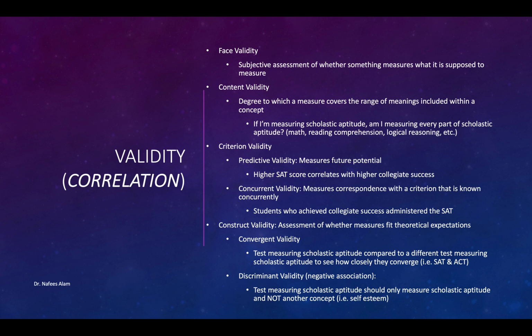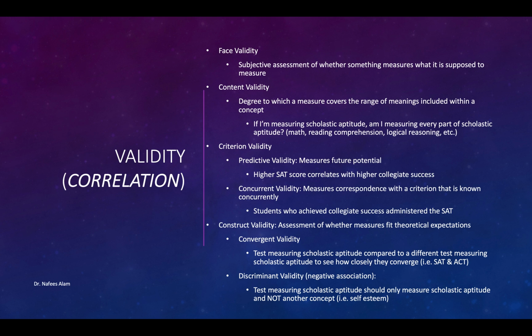Next, under the construct validity umbrella is discriminant validity, and this has to do with negative association. A test that measures scholastic aptitude should only measure scholastic aptitude and not another concept. It shouldn't measure self-esteem, just as an example. You might have a great deal of self-esteem if you're a good student when it comes to academics.